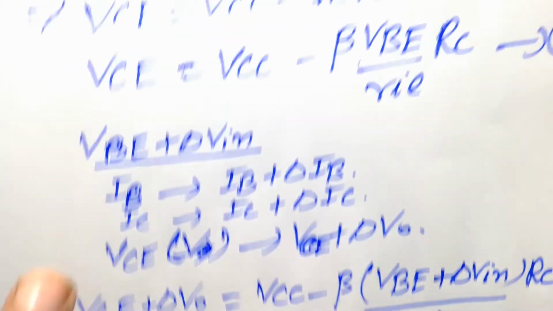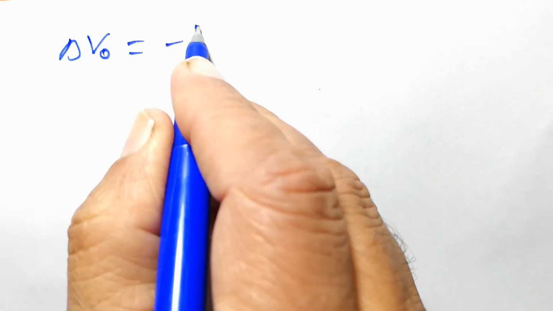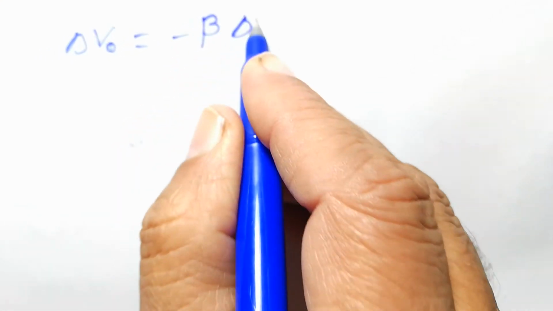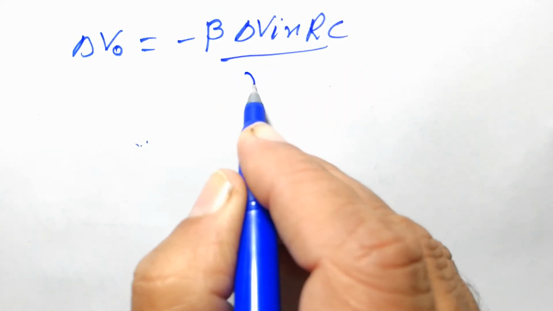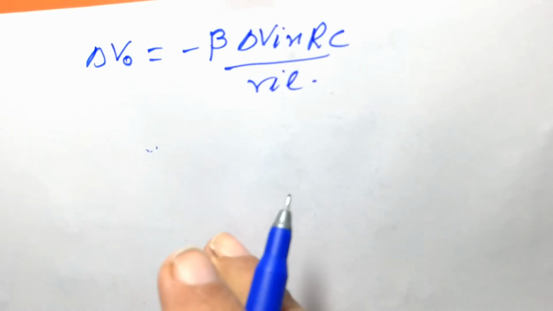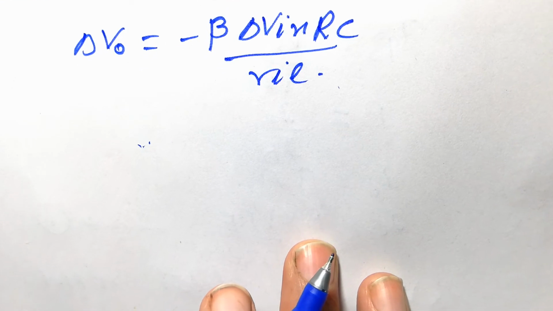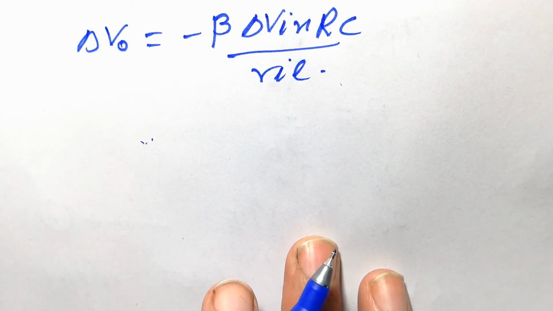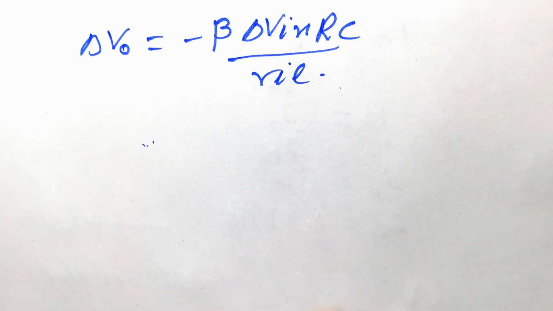So I am writing the same equation once more: delta V naught equals minus beta delta VIN RC over RIE. What we are looking for is the amplification. I have already told you that amplification is the ratio of output voltage, delta V naught, over input voltage, delta VIN.